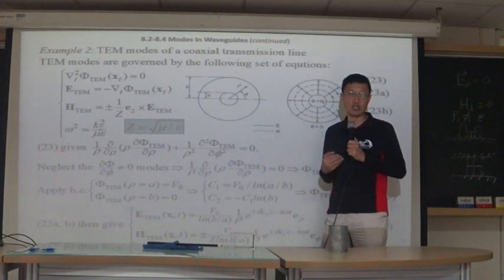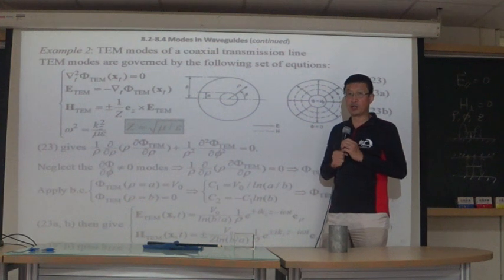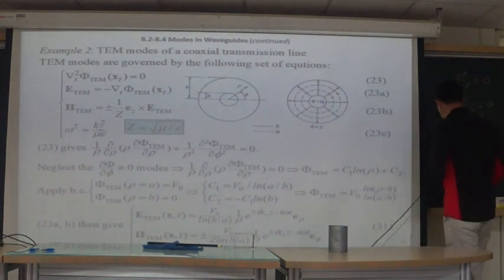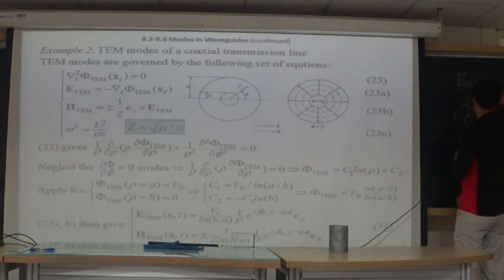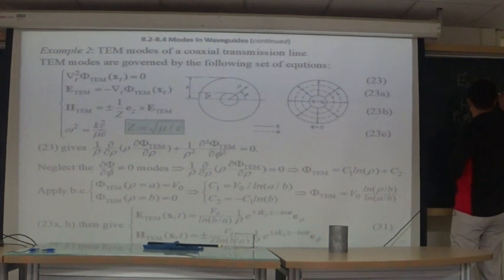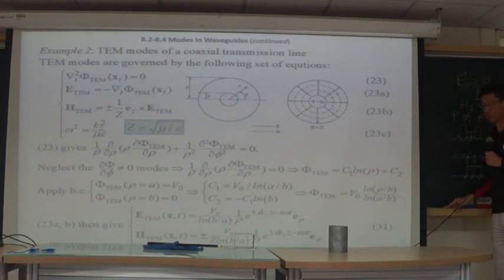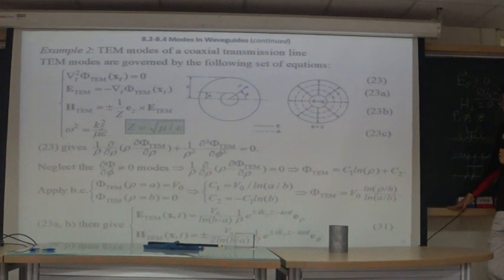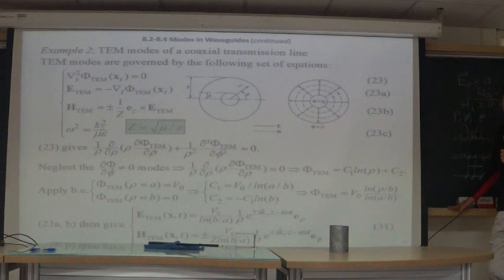Impedance in Chinese is 阻抗. For example, you will have a chance to see many kinds of coaxial cable: RG50, RG75, RG3, that's coaxial waveguide.